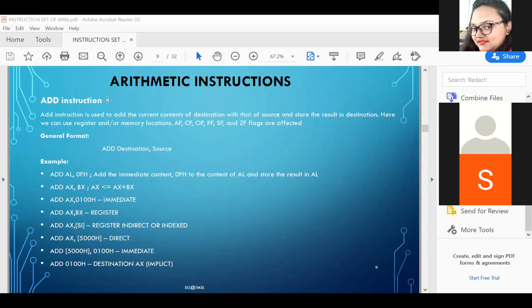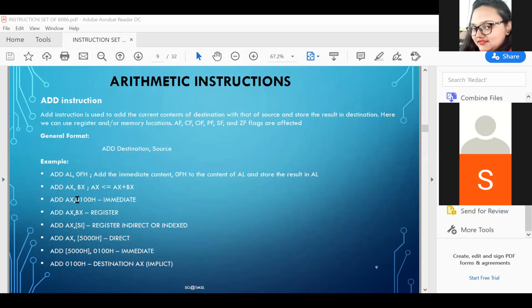So ADD instruction can be written in this way: ADD, the first is the destination comma source. Now if it is written ADD AL comma 0F, what does it mean? Add the content of 0F to the content of AL, and the result must be stored inside AL. Coming to the second example, ADD AX comma BX: BX must be added to AX and the result must be stored inside AX.